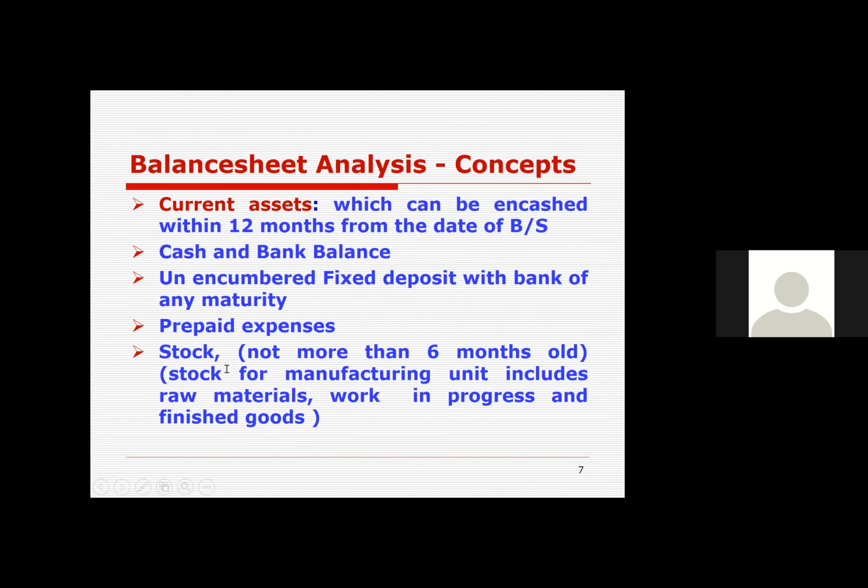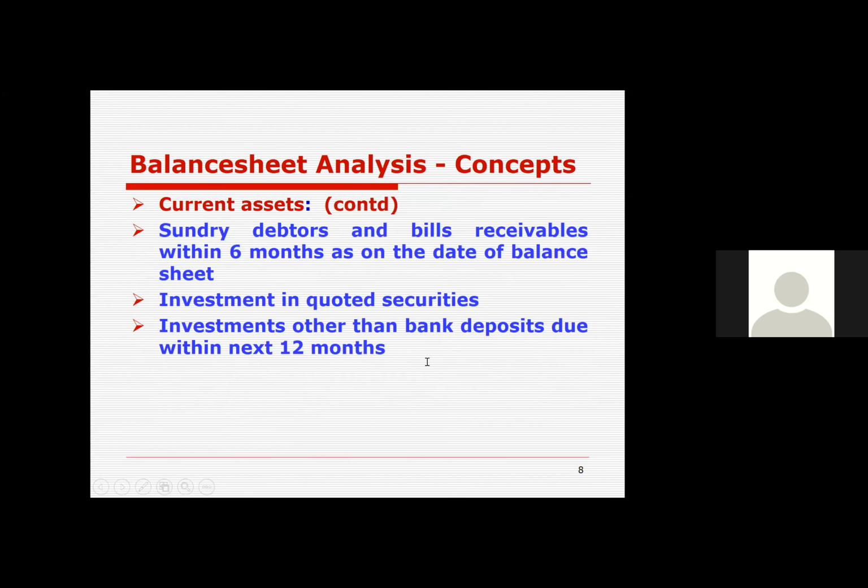Prepaid expenses, then stocks, and for manufacturing, raw materials also. Stocks and raw materials which are not more than 6 months old, then sundry debtors and bills receivable within 6 months as on the date of the balance sheet. Investment in quoted securities and shares. Investments other than bank deposits due within the next 12 months.